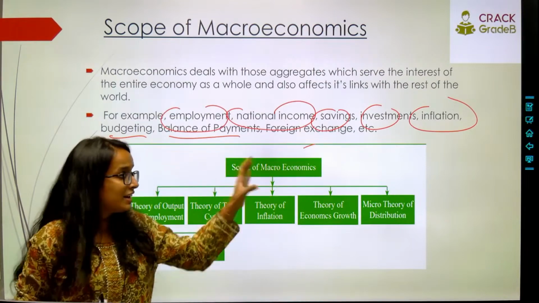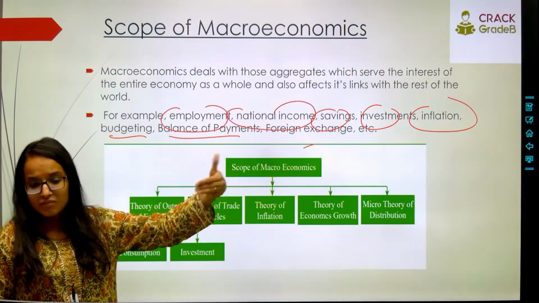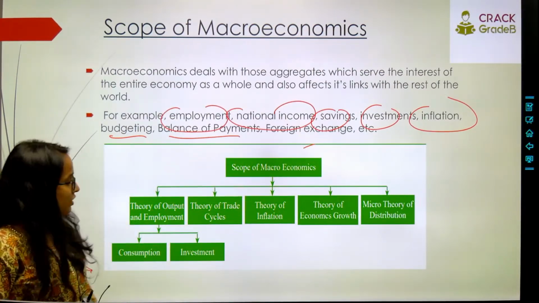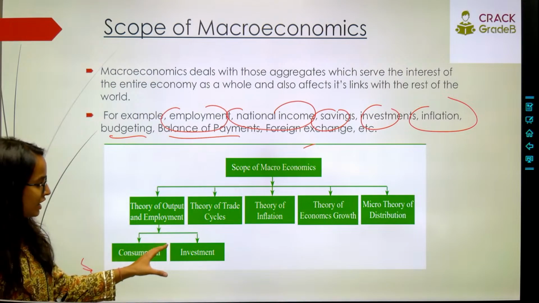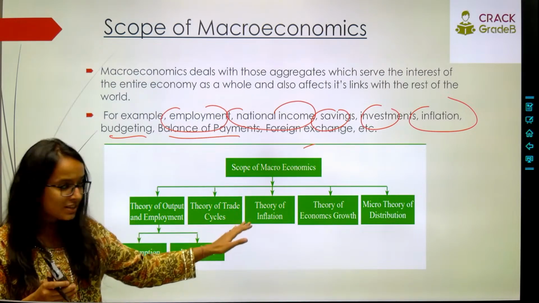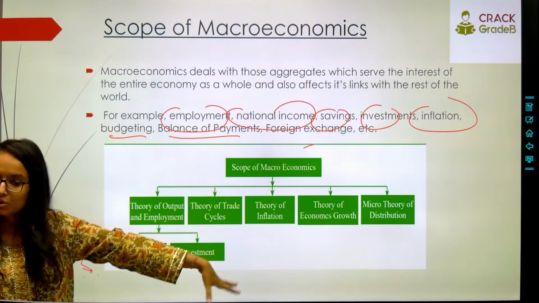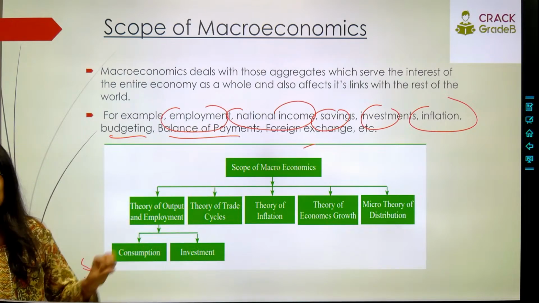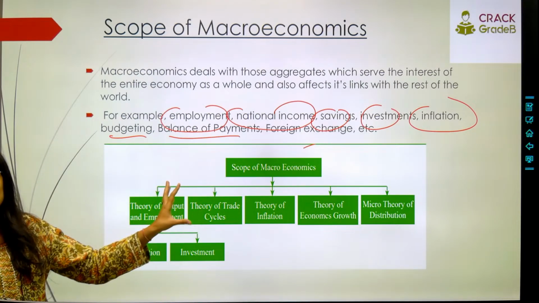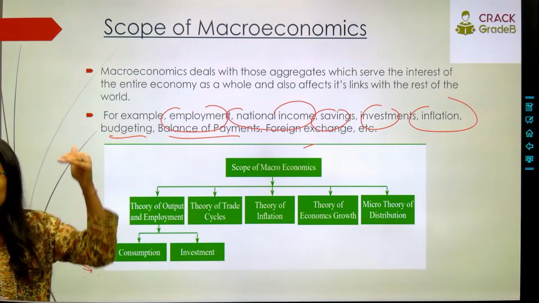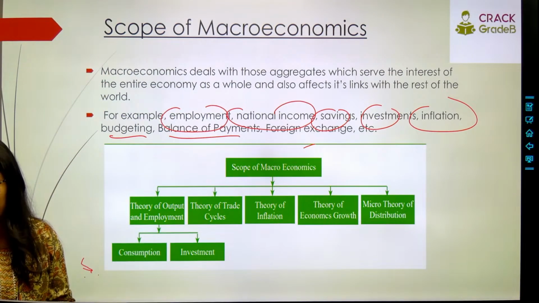Okay, these are individual topics and chapters which I'll take up in later course of time. So theory of output, employment, trade cycle or business cycles, inflation, growth, distribution, consumption, investment, all these things. So macroeconomics deals with all these concepts at the level of economy as a whole or at the level of a nation as a whole.